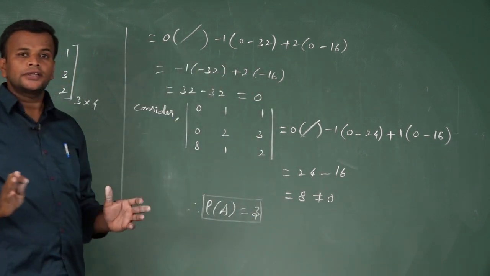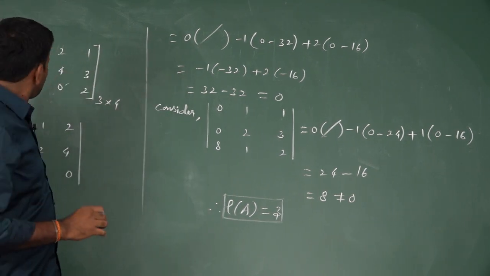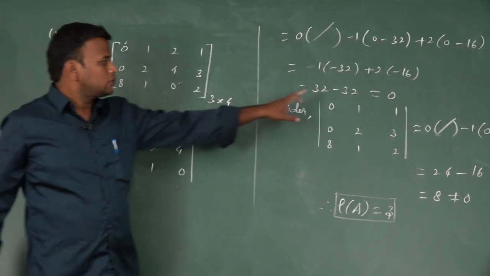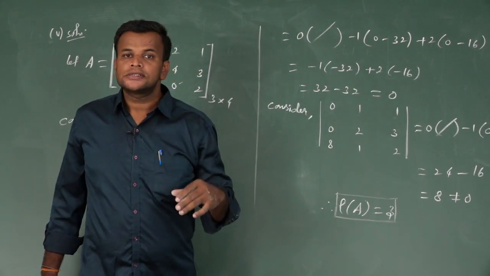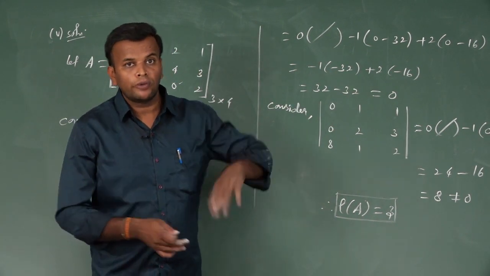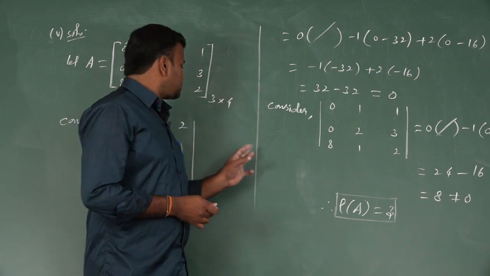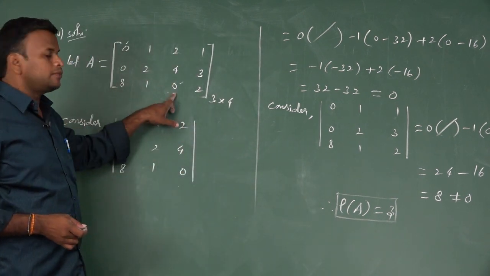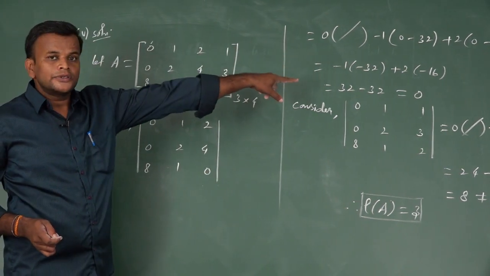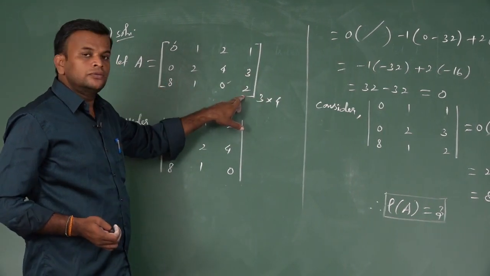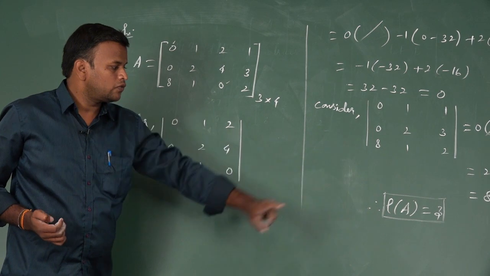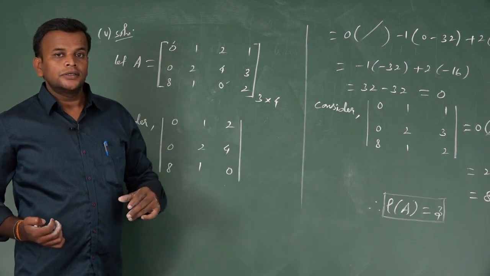It's an important thing. If any one of the 3 by 3 determinants comes 0, then it does not immediately mean the rank is 2. We try one more. So first we try the first 3 columns. Our answer will come 0. Next we try 1, 2 and 4. That value is non-zero, therefore the rank is 3.